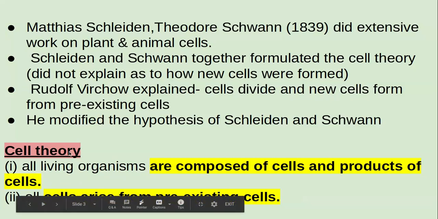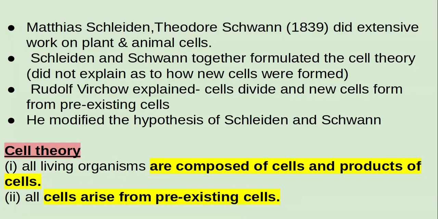According to this cell theory, there are two important findings. The first one, which I've highlighted in yellow, is that all living organisms are composed of cells and products of their cells. And second, all cells arise from pre-existing cells. So they were able to establish that living organisms are indeed composed of cells.